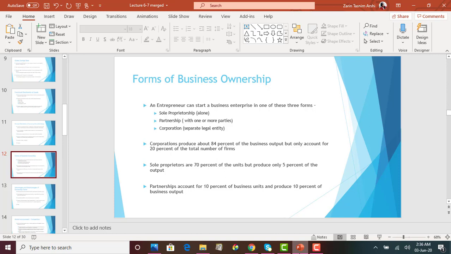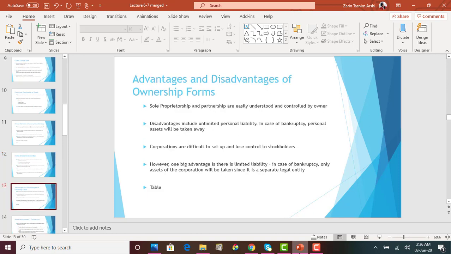Okay, and partnership is somewhere in between the two. They account for 10% of business units and also produce 10% of the output in the society. Now these forms of businesses, such as sole proprietorship, partnership, and corporation, have advantages and disadvantages.